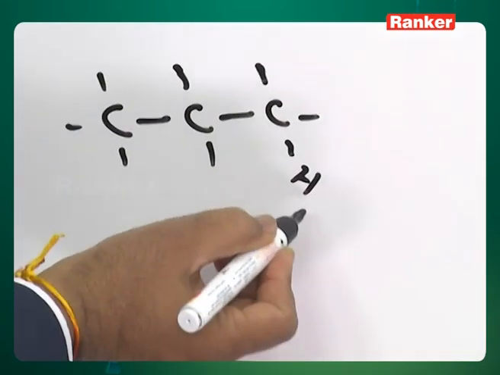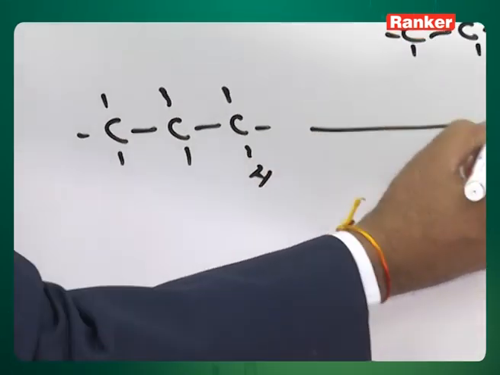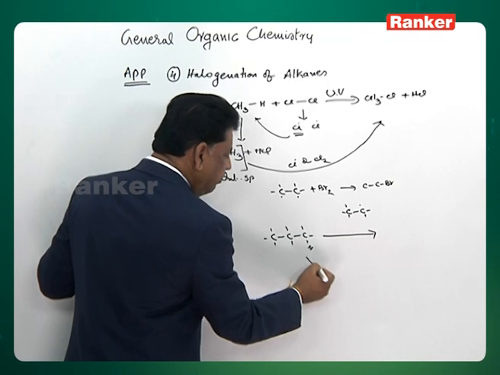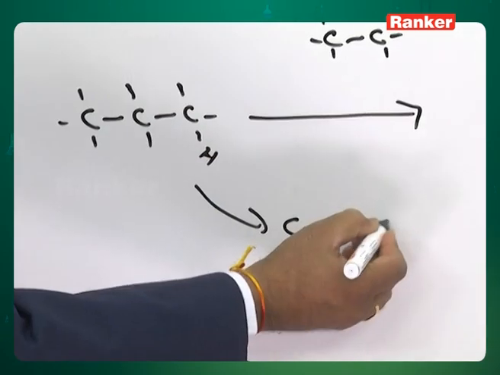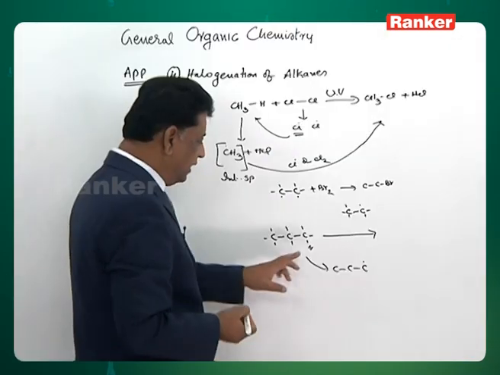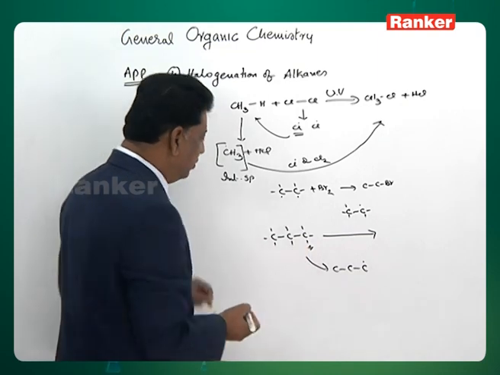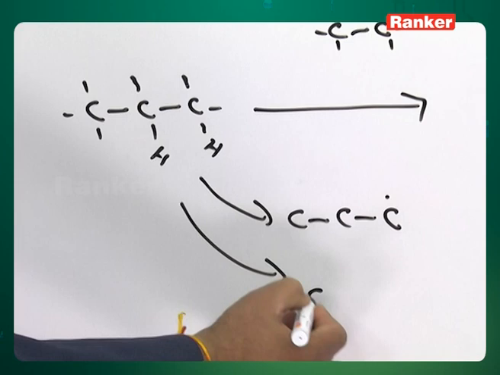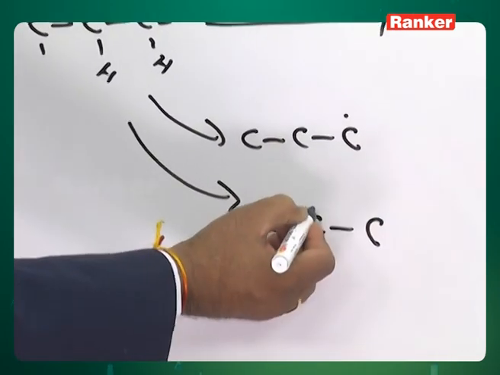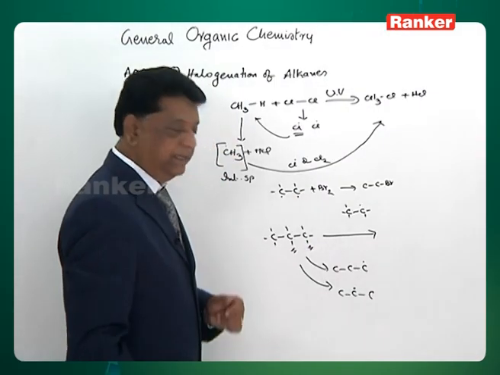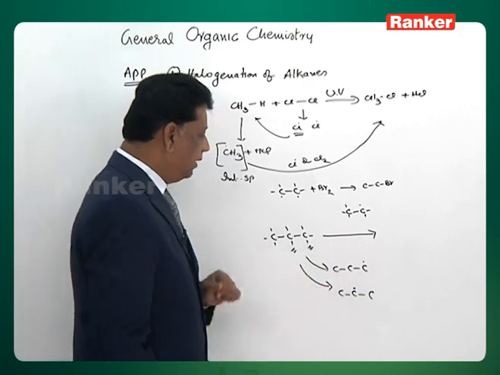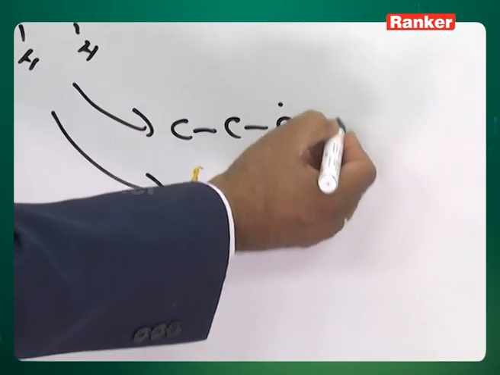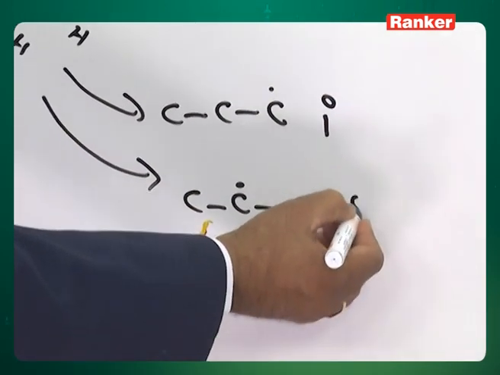If one hydrogen on the first carbon is removed, you get an intermediate called the n-propyl free radical. If the hydrogen from the middle carbon is removed, you will get another intermediate called isopropyl. This is n-propyl, this is isopropyl. Basically, it is a 1 degree free radical, and this is a 2 degree free radical.